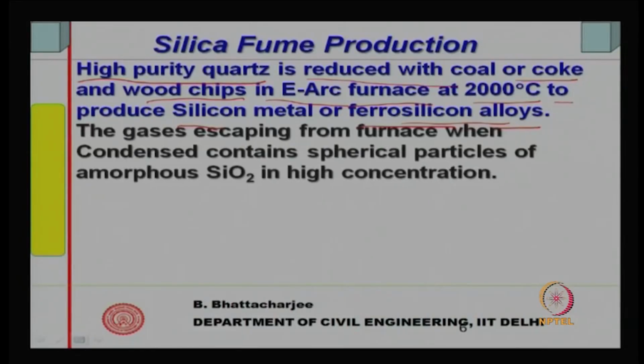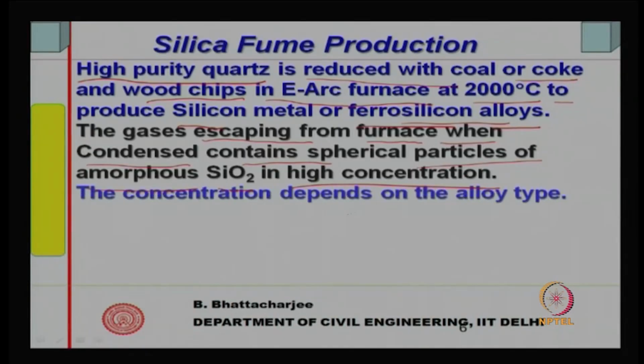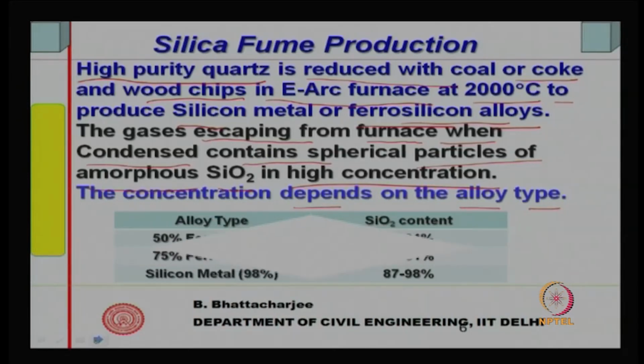Now, in this process some gases escape, and the gases escaping from the furnace, when condensed, contain spherical particles of amorphous SiO2 in very high concentration, and this concentration of course depends upon the alloy type. For example, if you have 50% ferrosilicon, then you will have SiO2 content in the condensed silica fume of 60 to 84%.